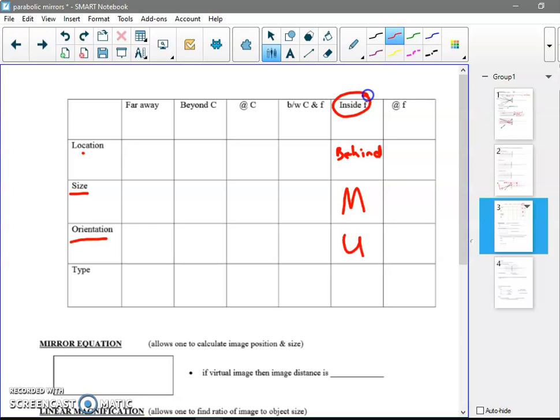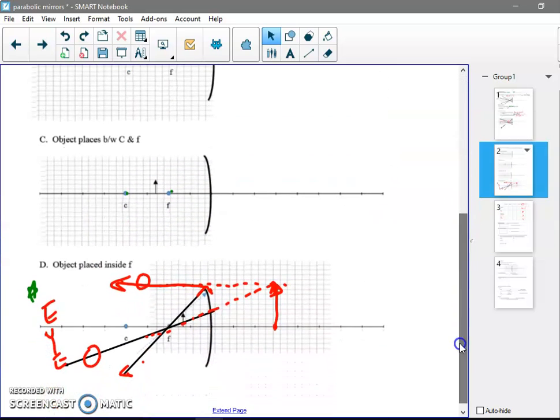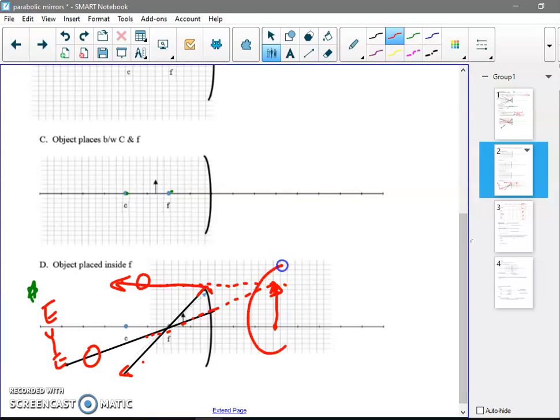In other words, when you look in the mirror, it will not appear flipped over. And what type is it? It is virtual, because there's no light coming to a focus at that point. Since no light is actually reaching here, but your eye thinks the light from this arrow is coming from there, that's why it's virtual.